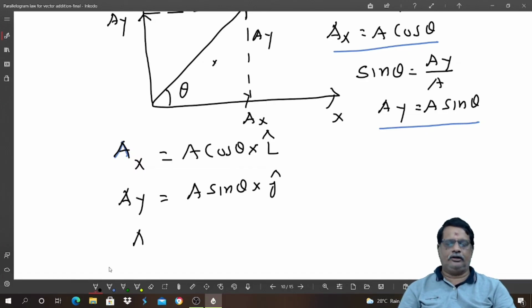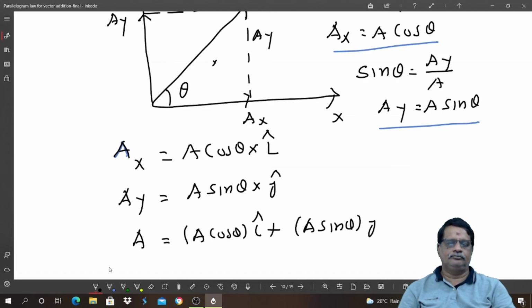So our vector A is now a cos theta into i cap plus a sin theta into j cap.